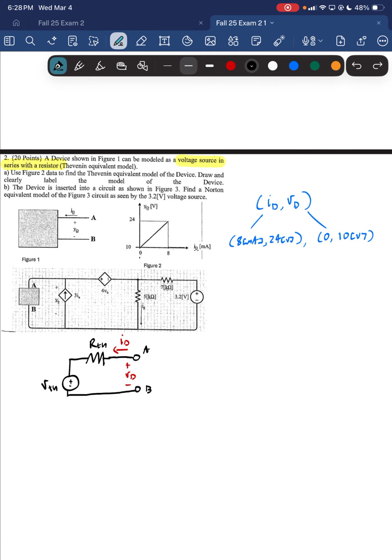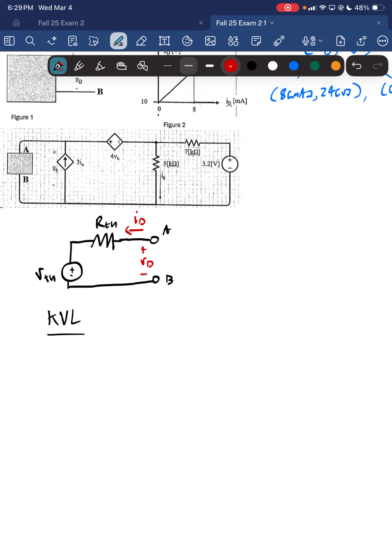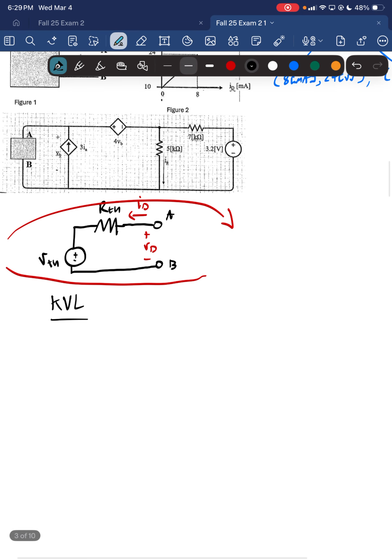But before we can actually use them, we need to derive an equation for our device model, which naturally, given that it is a voltage source in series with the resistance, a KVL is going to be our best bet for that. So doing a KVL around our device model results in the following equation.